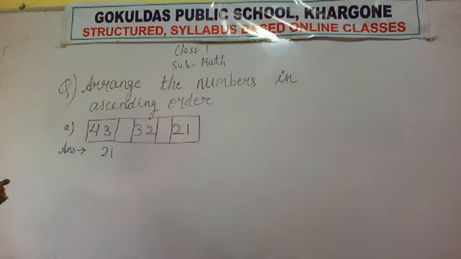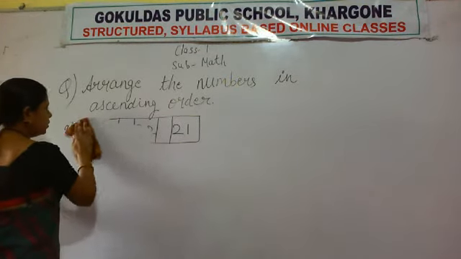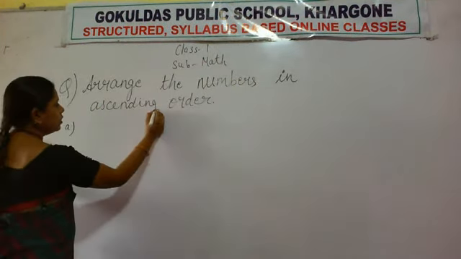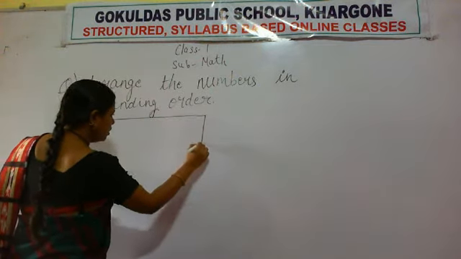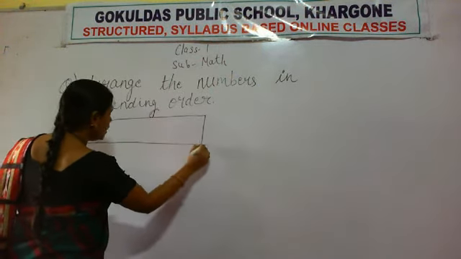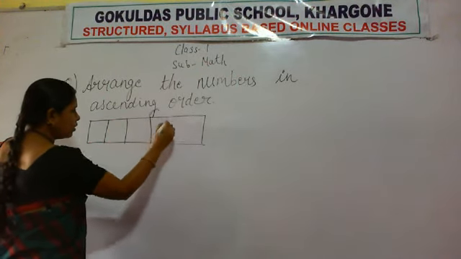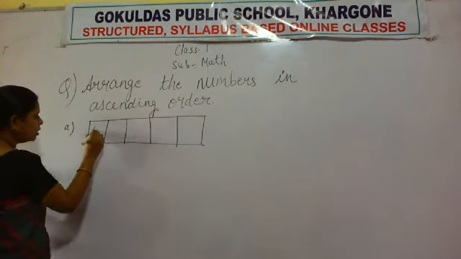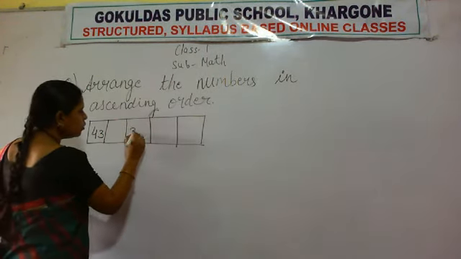I am writing clear. You also write in this way. So the first number is 43. Second number is 32.